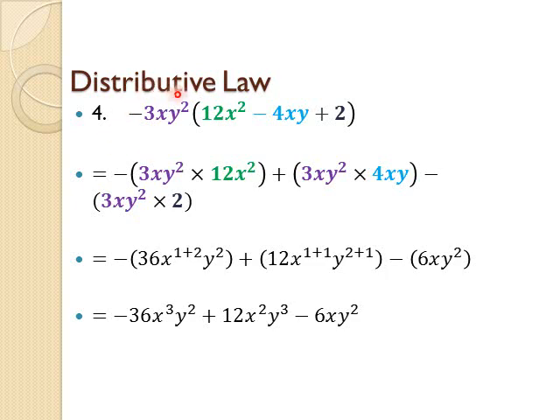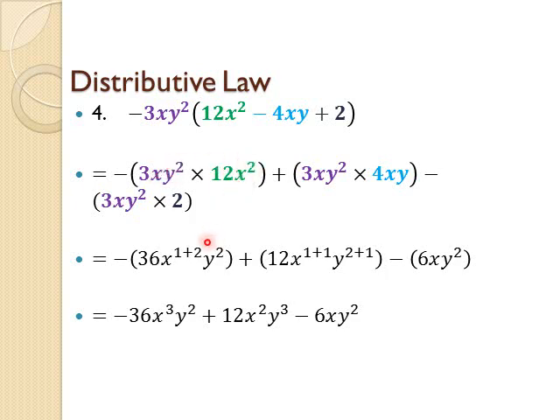Look at this problem here. So negative times positive gives me negative 3xy squared times 12x squared. Negative times negative become positive. So 3 times 3xy squared times 4xy, and negative times positive would give me negative. And I have 3y squared times 2. 3 times 12, 36. X there is the invisible one, so I add my exponents when I multiply and the bases are the same.